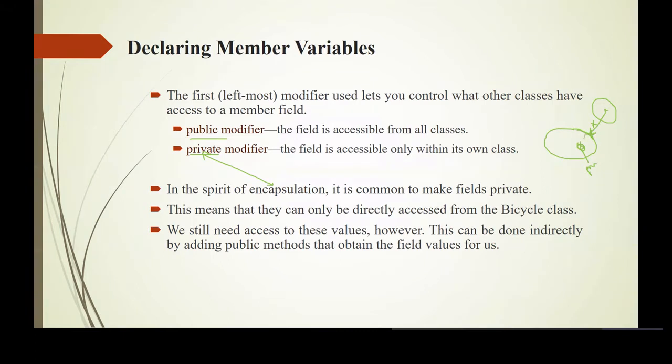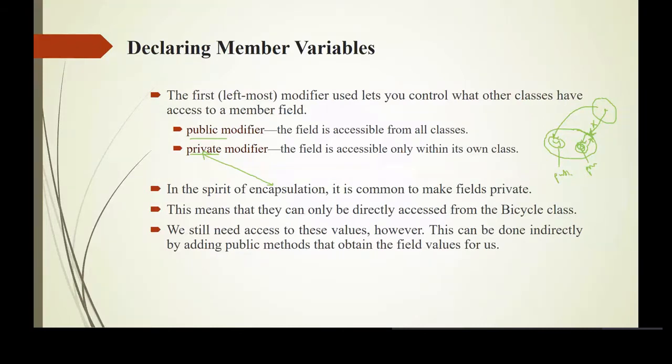So the class will go and do something and give it back to the method. But if y is public and this one wants to access y, it goes directly to y.